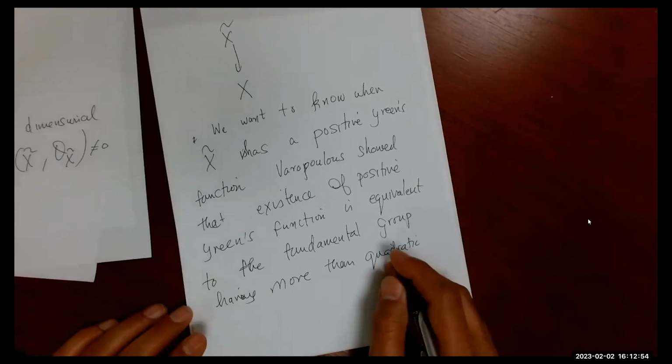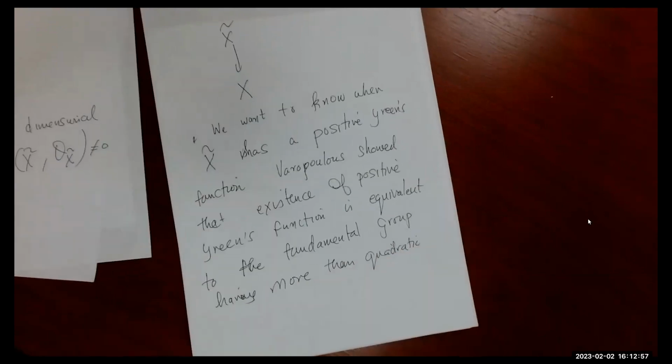So anyway, the consequence is if the fundamental group does not have Z cross Z as a subgroup of finite index, the universal cover always has a positive Green's function.